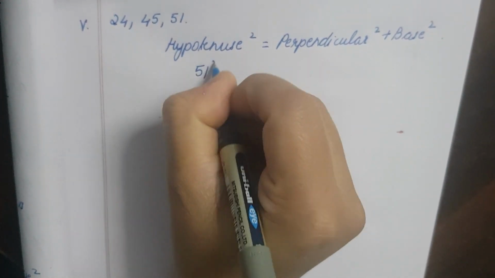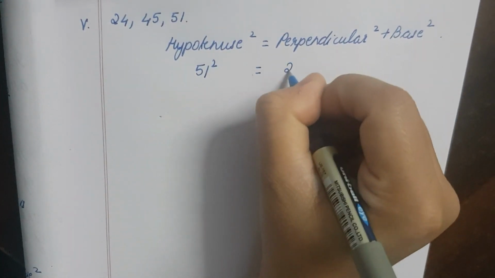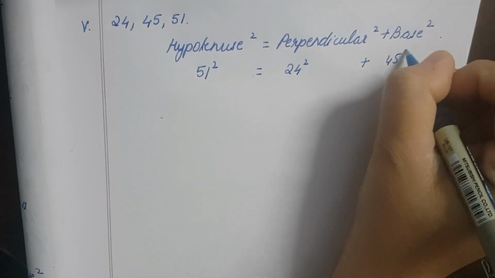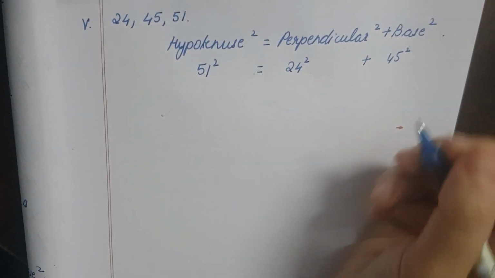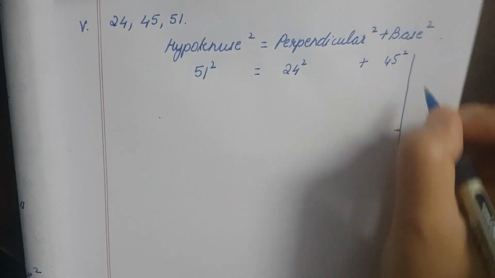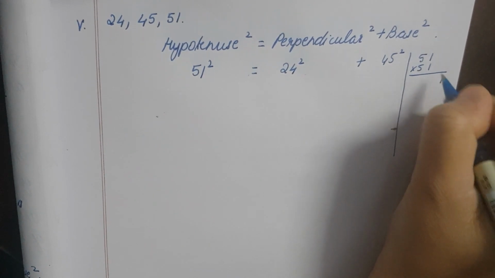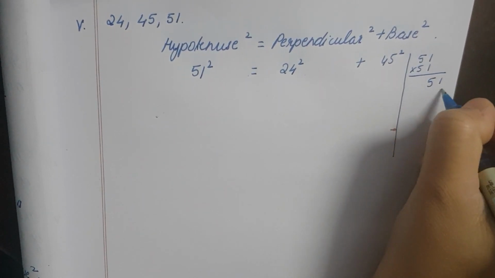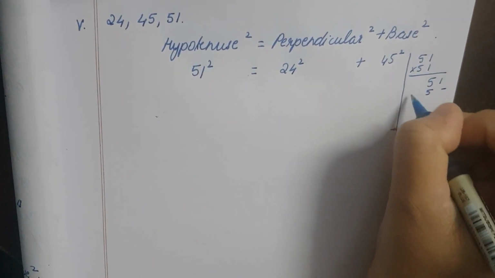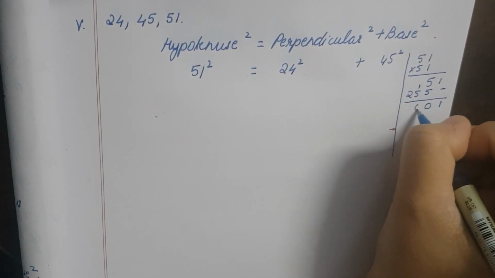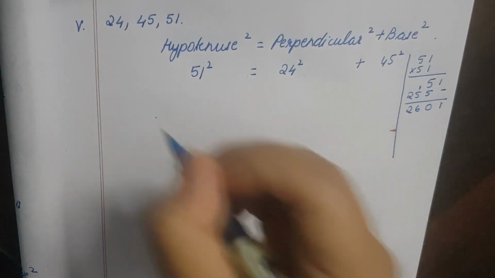So 51 square is equal to 24 square plus 45 square. So let's work out 51 square here. 51 into 51. 1 1s are 1, 1 5s are 5, 5 1s are 5, 5 5s are 25. So it is 2601.